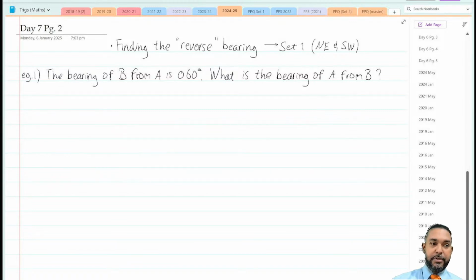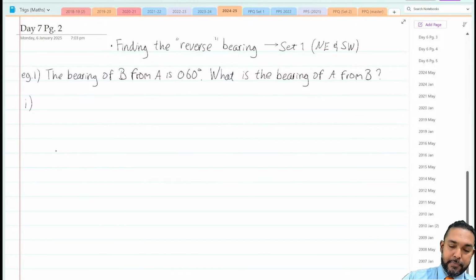Okay, so I'm going to do it in a series of 3 diagrams. Now, when you're doing the actual questions, you don't need to do 3 diagrams. You'll end up doing 1. But I want to show the progression from one diagram to the next. So the bearing of B from A is 060 degrees.